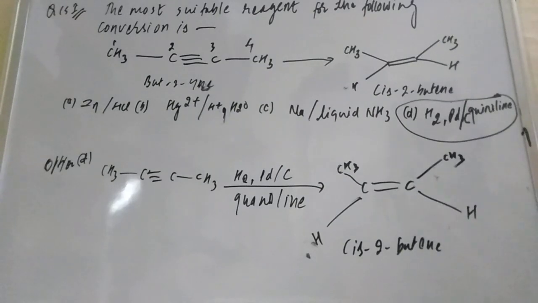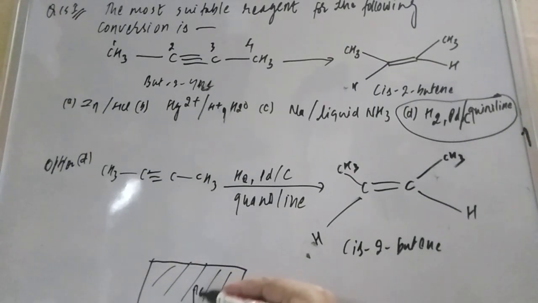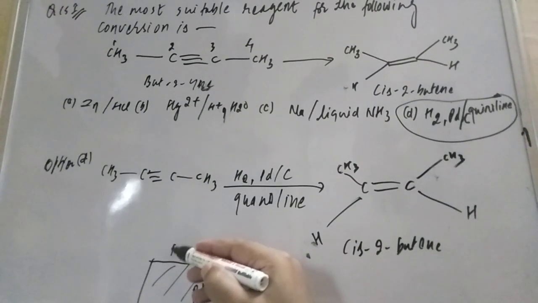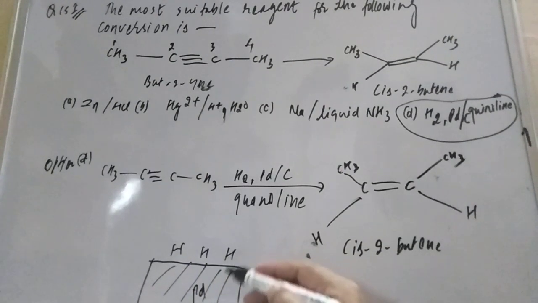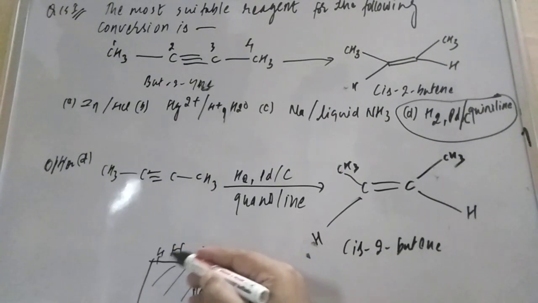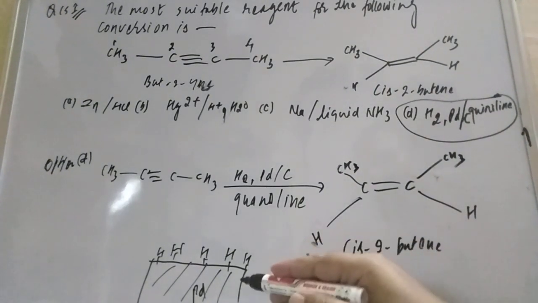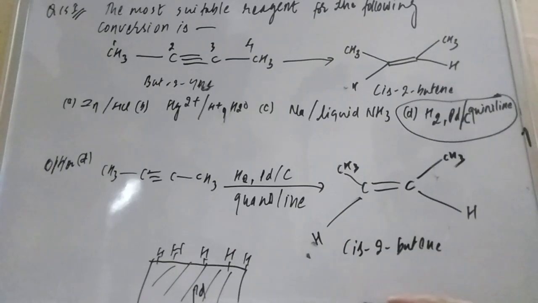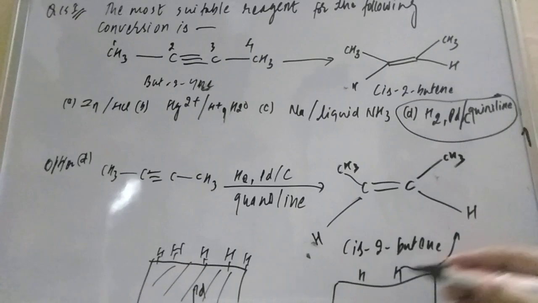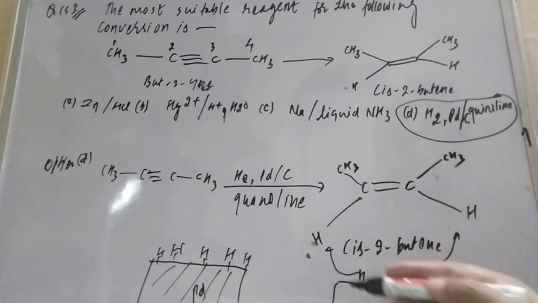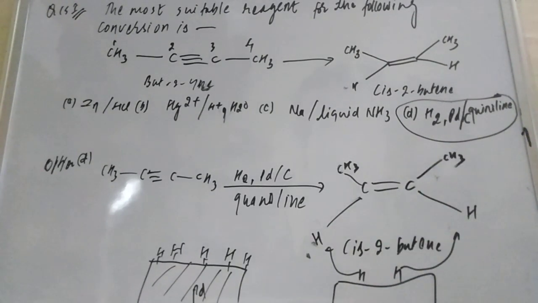Friend, see, when hydrogen is there, there is the metal, which is palladium metal. When you talk about hydrogen, from which side will it come? All the hydrogen will come from the same side, not from the other side. So suppose the metal is here, and hydrogen will come here. It will give cis, because hydrogen from the same side will attach. So we will be able to get cis-butene.